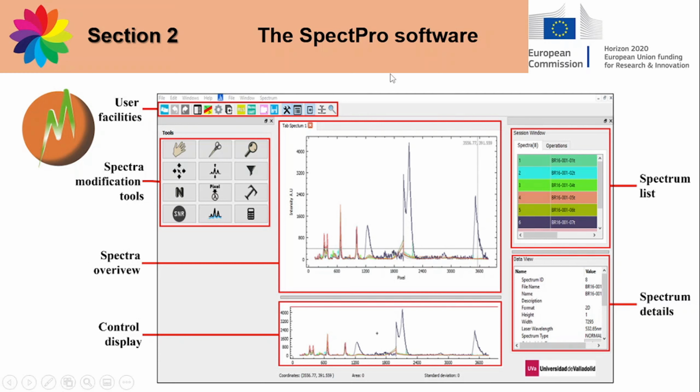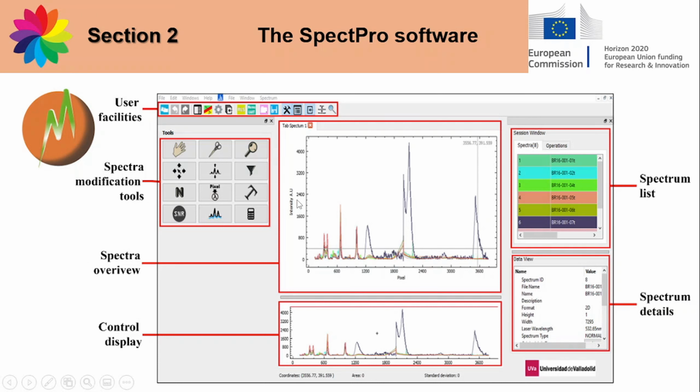Then, besides providing spectra, through the PTAL platform we also provide access to the SpecPro software, which is a software that has been developed in the framework of the ExoMars project to open and visualize the Raman spectra from the RLS system.